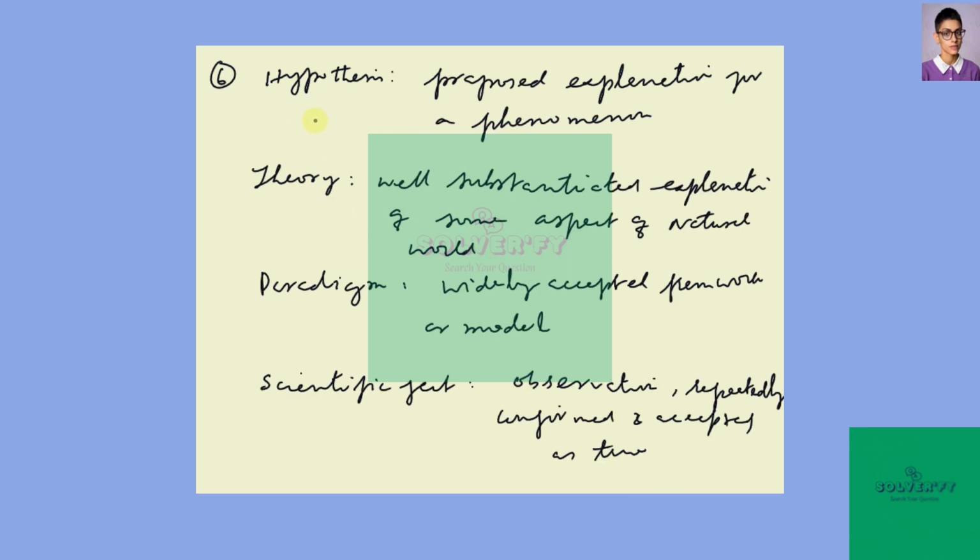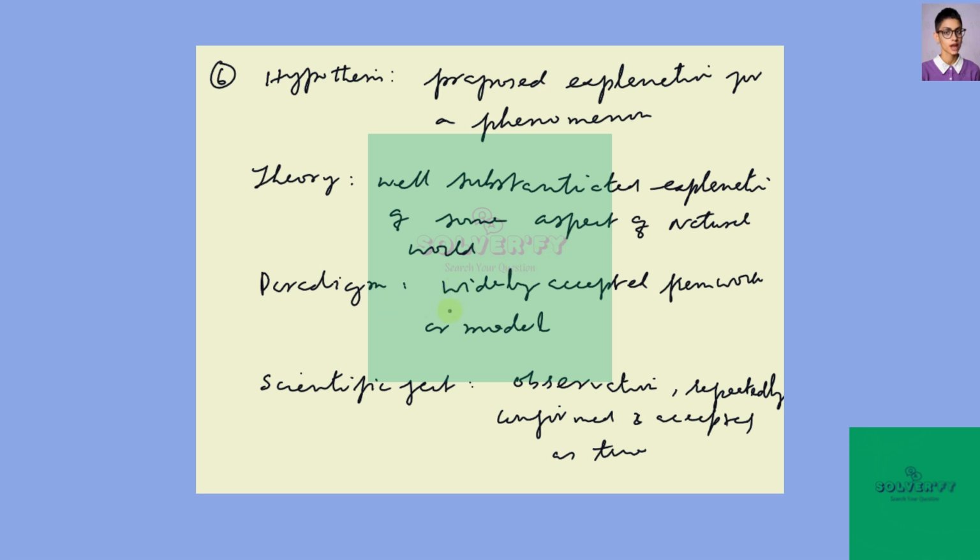Another question is how do we distinguish between the terms hypothesis, theory, paradigm, and scientific fact? A hypothesis is a proposed explanation for a phenomenon that can be tested through experimentation and observation, while a theory is a well-substantiated explanation of some aspect of the natural world that is based on a body of evidence and has been repeatedly tested and confirmed.